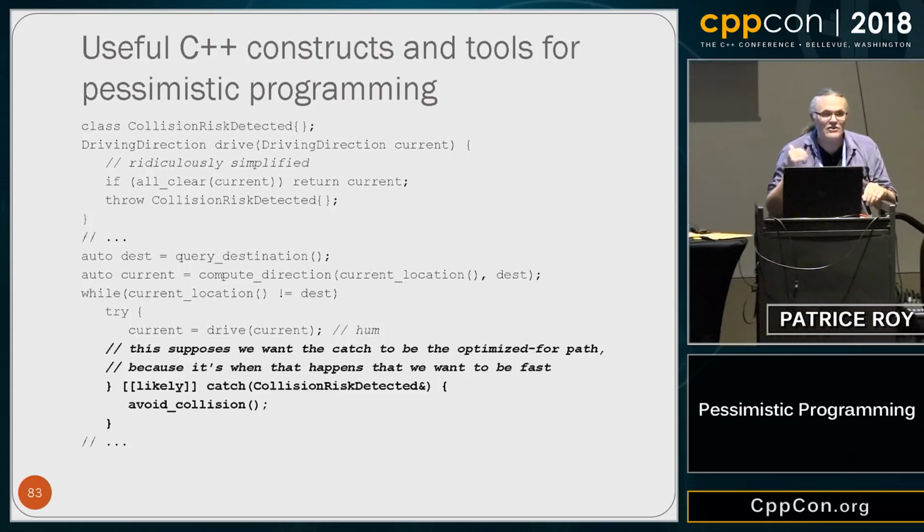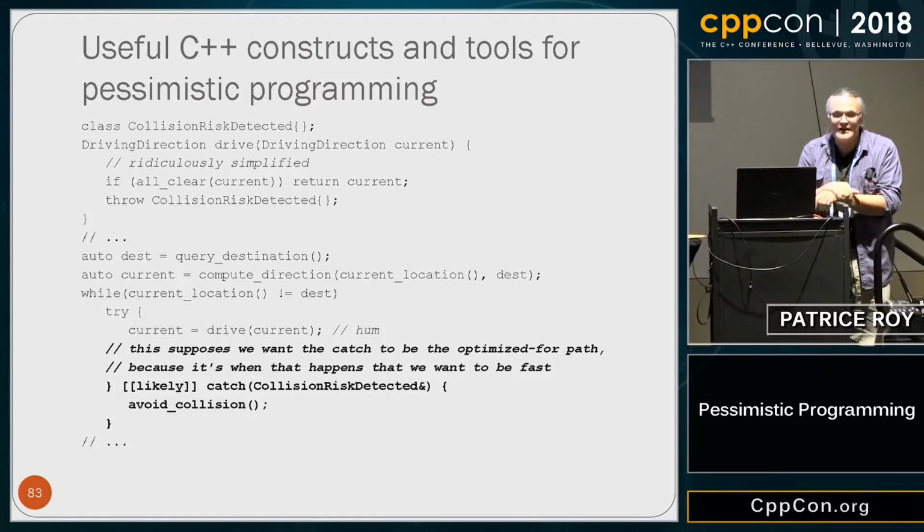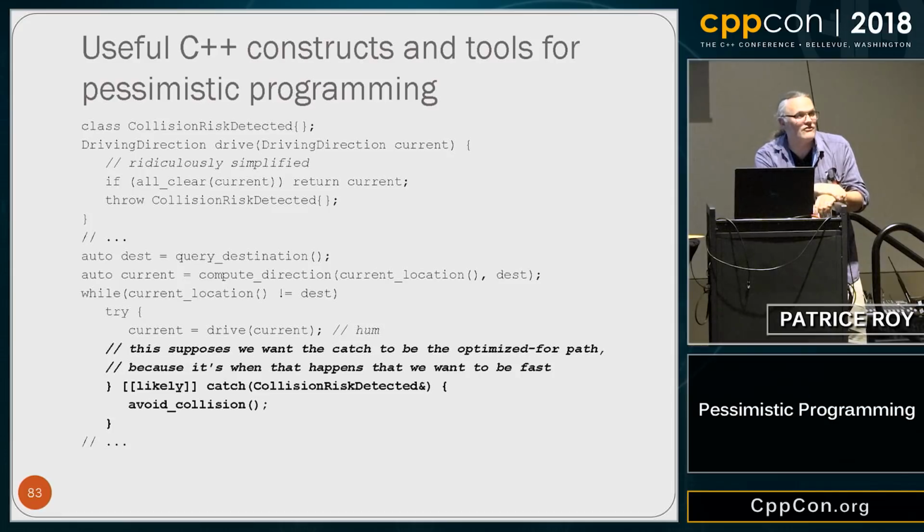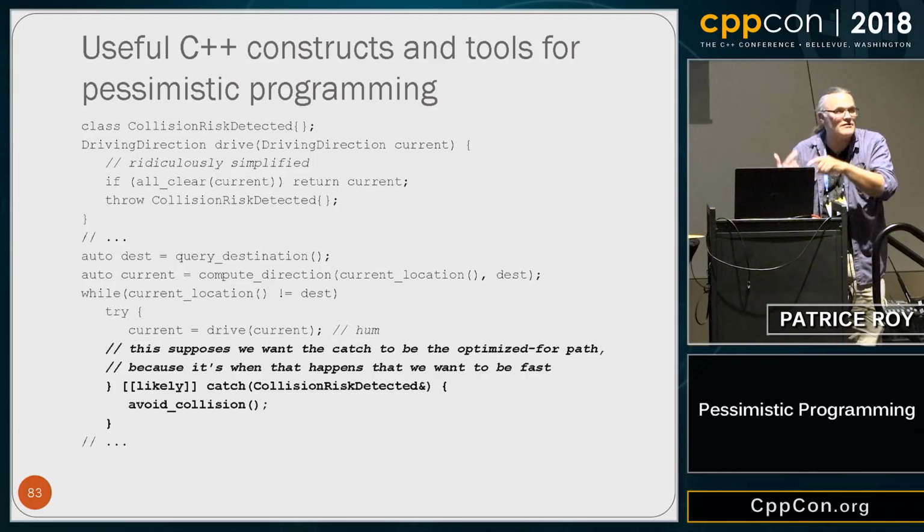So this is a ridiculous example where someone is saying, well, I'm using an exception-throwing API to slow my car if there's a problem. And for some weird reason, because that's really not the best API in this case, I know that the cache is a bad idea, but please optimize the cache because I know I'm going to get into trouble if I go there and I'm not fast enough. Of course, you won't do that for a self-driving car. It's an example. If you're having an exceptional case like this, an if statement would be better.